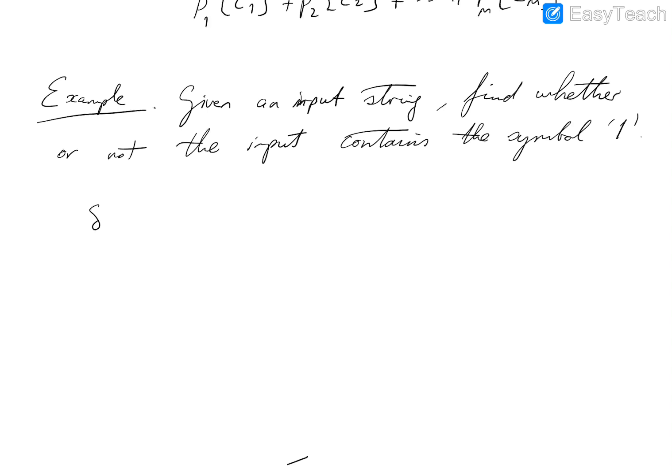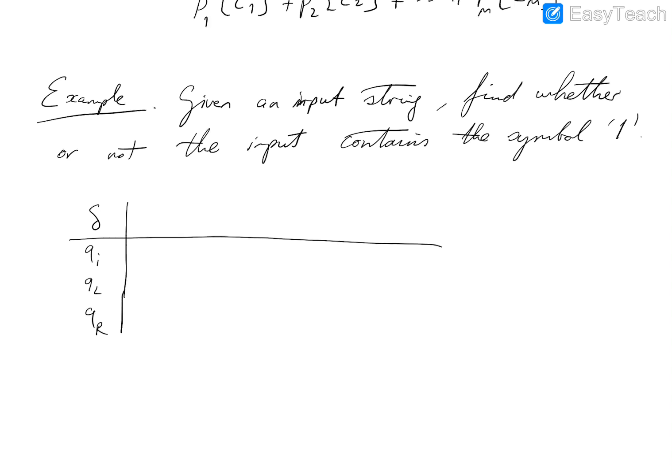So the transition function sigma will be defined the following way. Again, each column will define the input symbol that we read, and each row will define the current state of the machine. So the states will be QI, the initial state, QL, and QR.